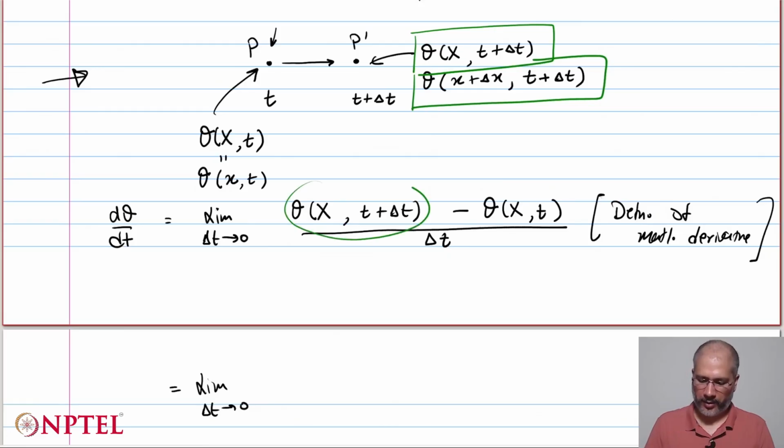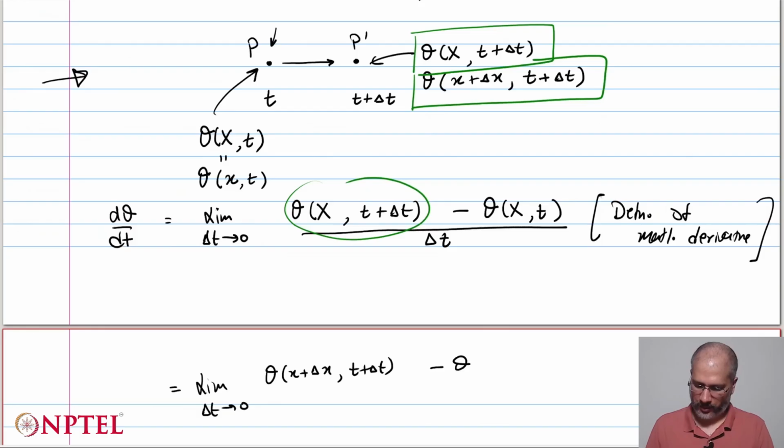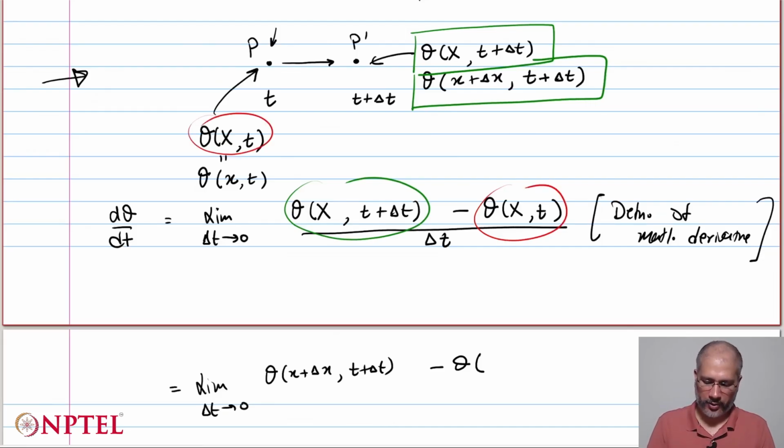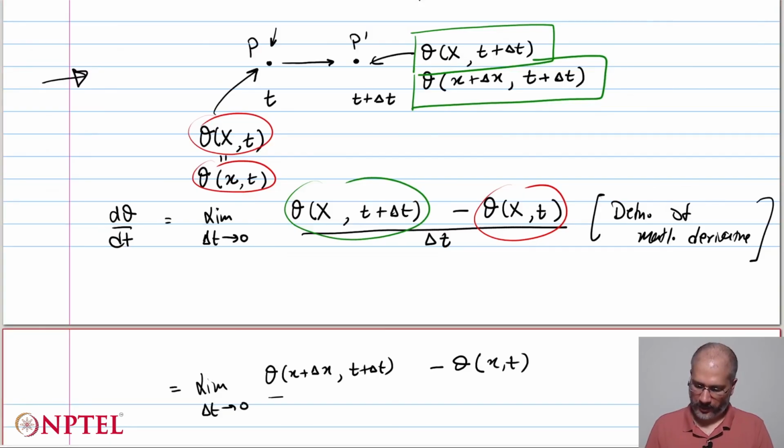So I'll replace that here. So this becomes theta of small x plus delta x comma t plus delta t minus theta. Now theta of capital X comma t, which is this one from the figure above, is the same as theta of small x comma t. So I'll write that down. And now you can see that we have written this in the Eulerian description now.